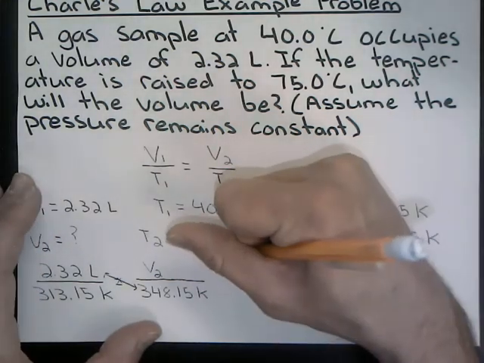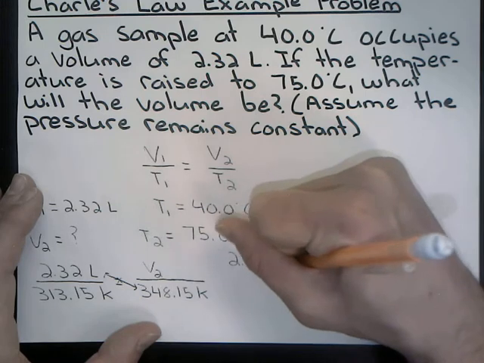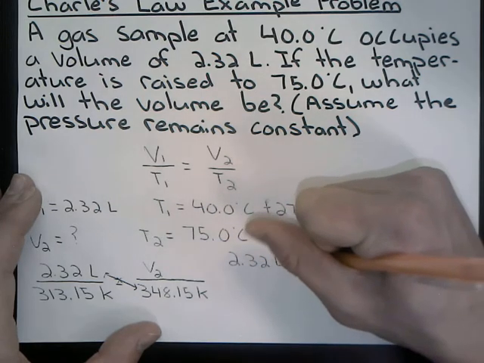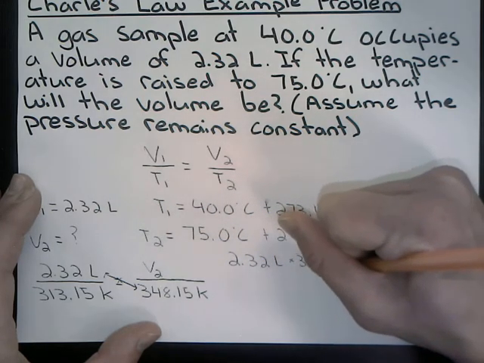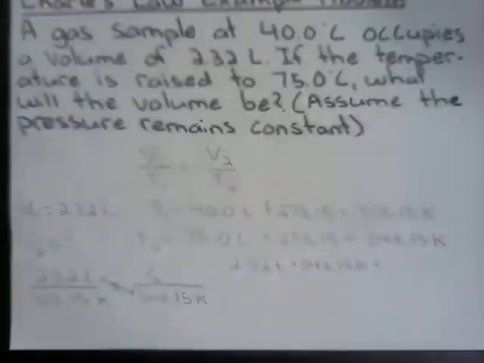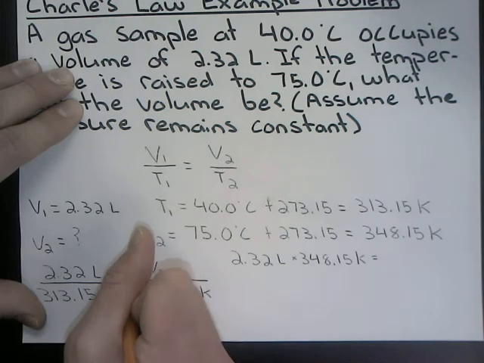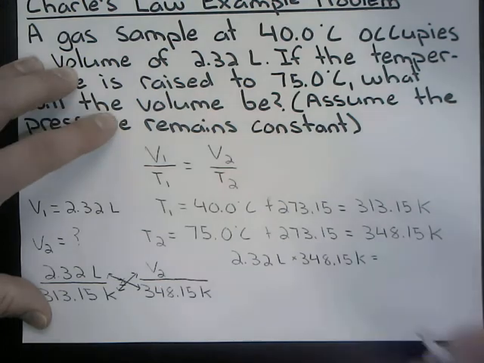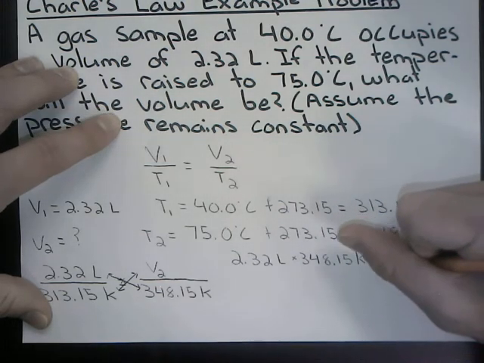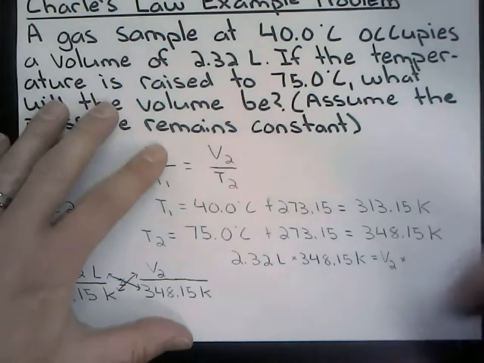Now I'm going to write it up top here, so I'm going to have 2.32 liters times 348.15 Kelvin. Now I'm going to set that equal to the second thing that I cross multiply here, which is V2 times 313.15 Kelvin.